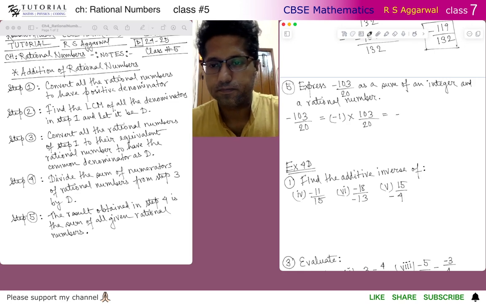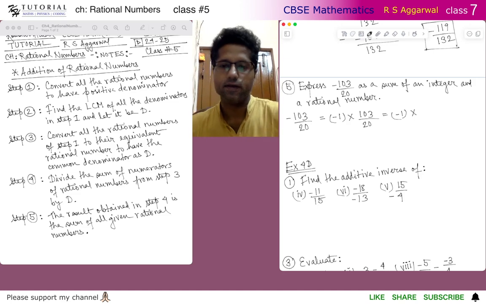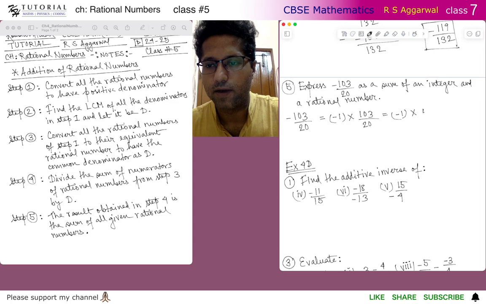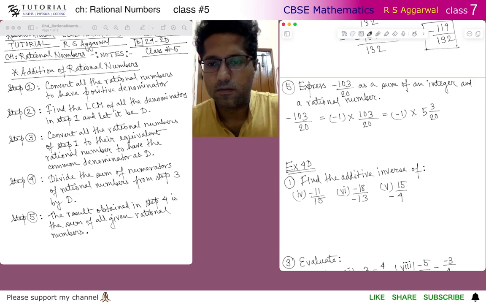So when I convert 103 by 20, an improper fraction, to a mixed fraction, I get 5 3 upon 20. Now, a mixed fraction is nothing but 5, the whole part, plus the fraction part.